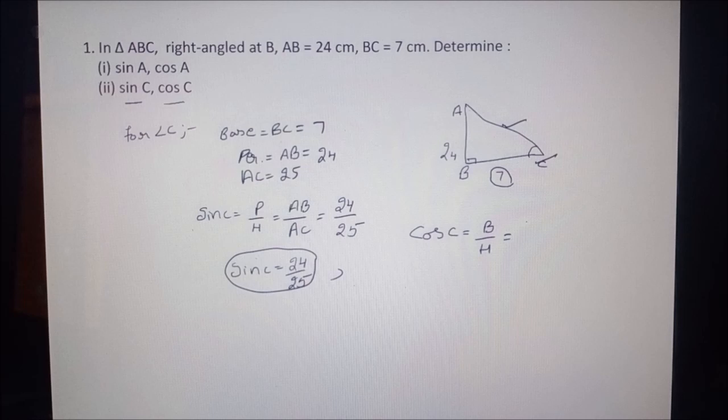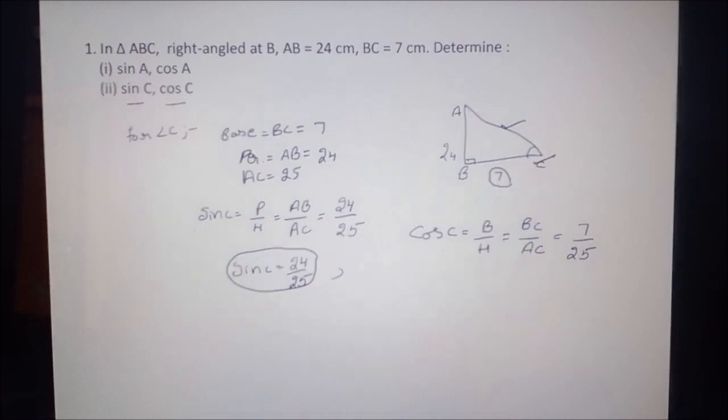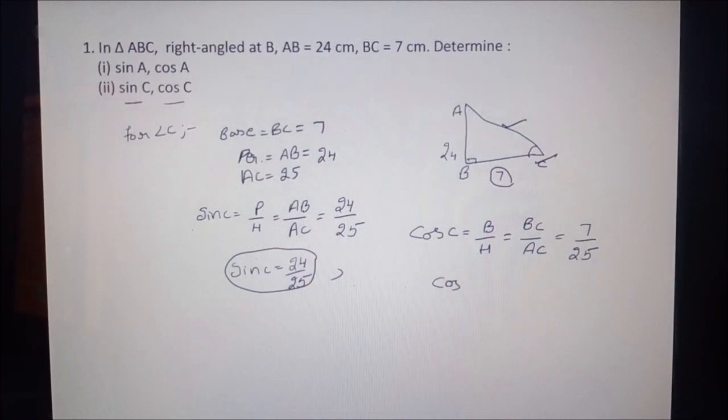Now base is BC, hypotenuse AC. Value of BC is given 7 cm and value of AC we have calculated 25 cm. So cos C is equal to 7 by 25. It's the value of cos C.